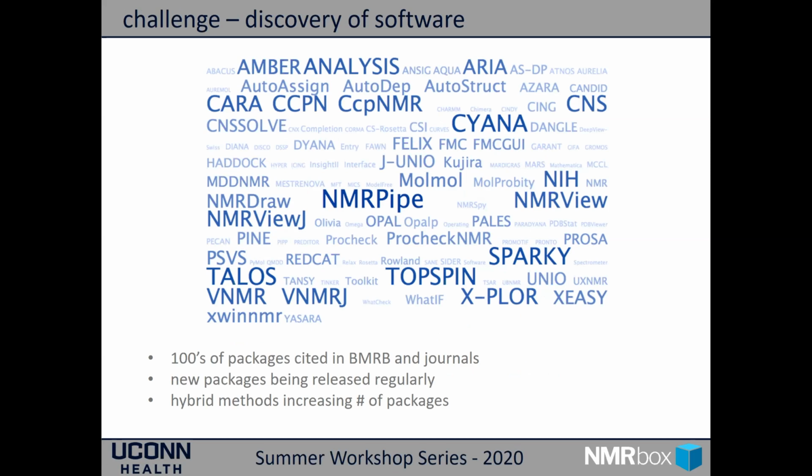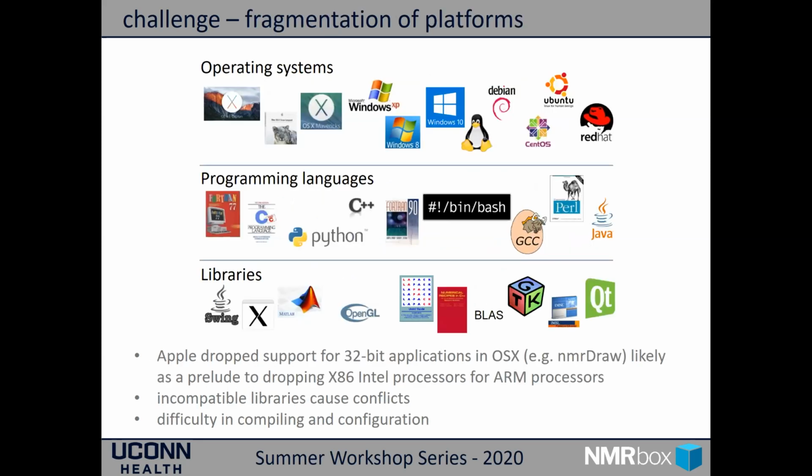There's probably not hundreds, there's probably thousands of different software packages. New packages are being released all the time. And hybrid methods are becoming more popular, so the number of software packages is even greater because you have to include other methods like cryo-EM and SAXS and whatnot.